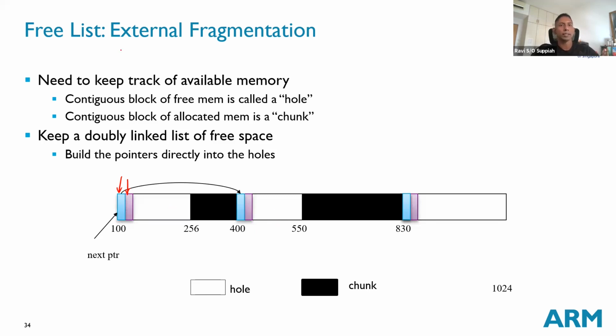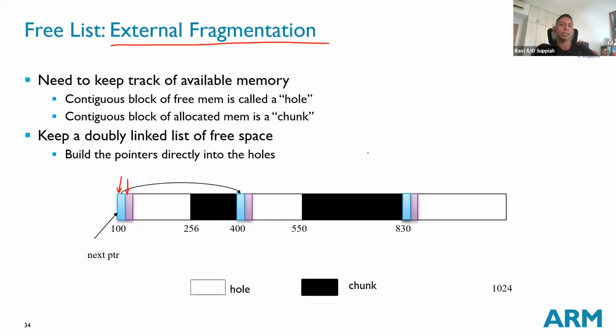I need this for external fragmentation. Why? Because in external fragmentation, you try to keep track of holes so that when the next allocation request comes in, you are able to know where the hole is located. So I need to keep track of this information.